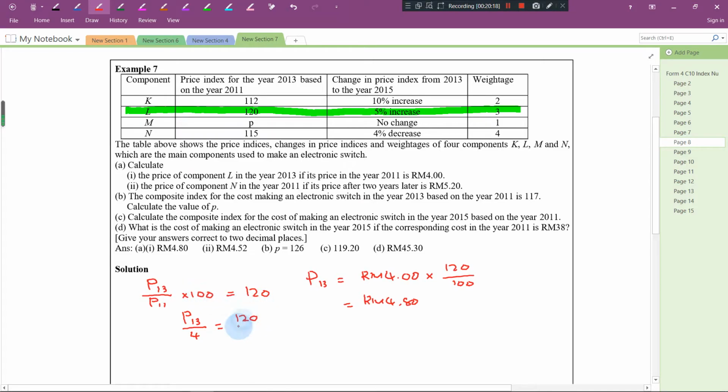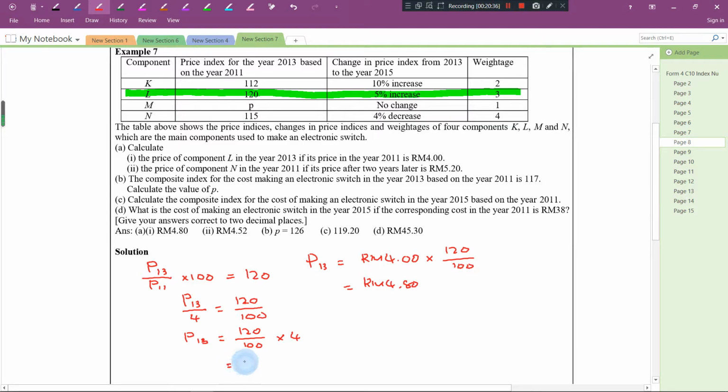And this, I move over here. So the price in the year 2013 will be equal to 120 over 100 times 4. You get exactly the same answer, $4.80. Okay, so this is 4 ringgit. Let me write the answer over here.